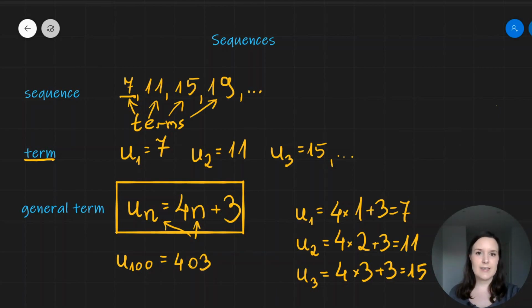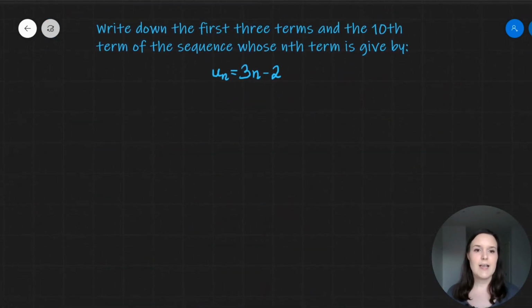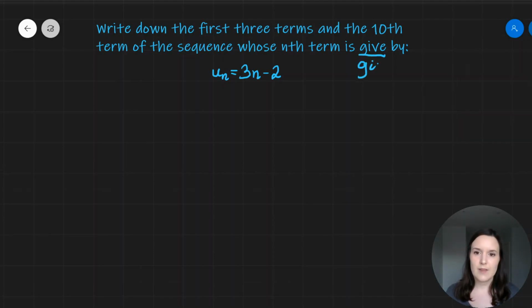Okay, let's take a look at the next example. Write down the first 3 terms and the 10th term of the sequence whose nth term is given by un equals 3n minus 2.